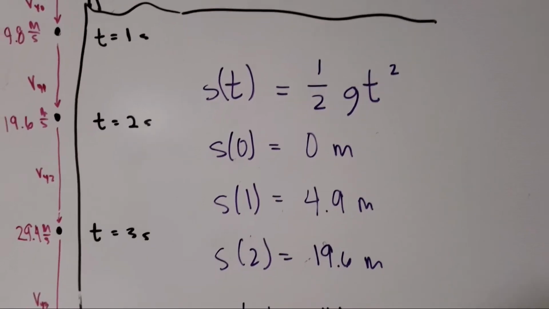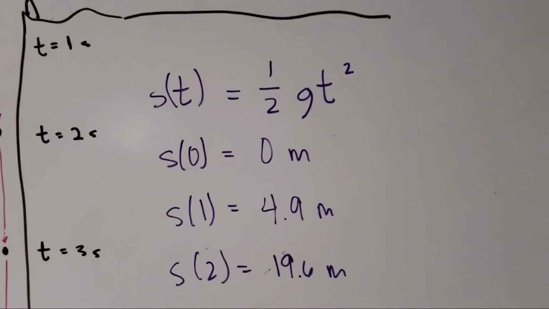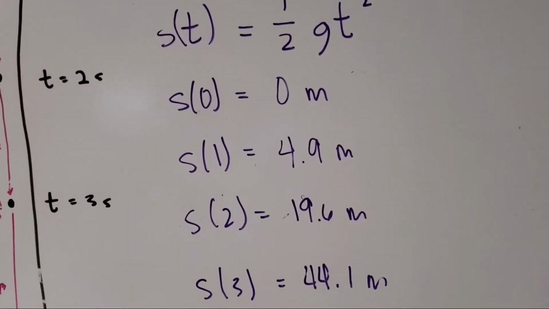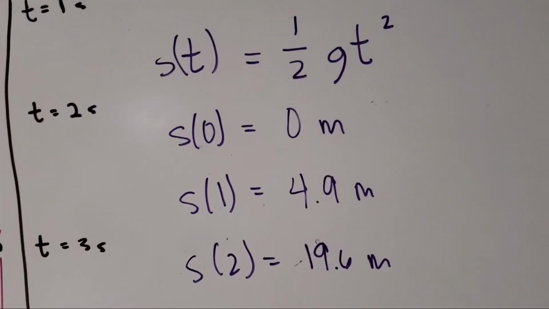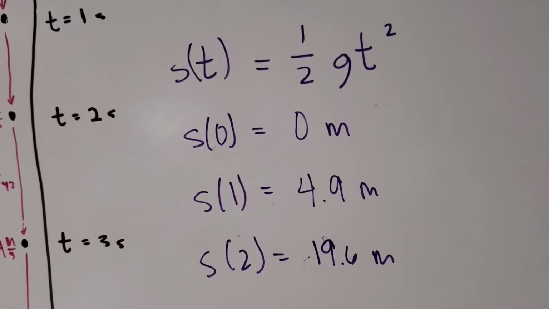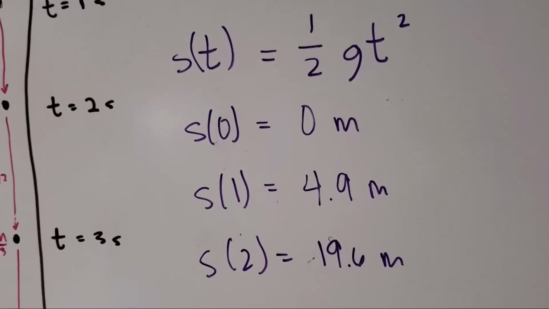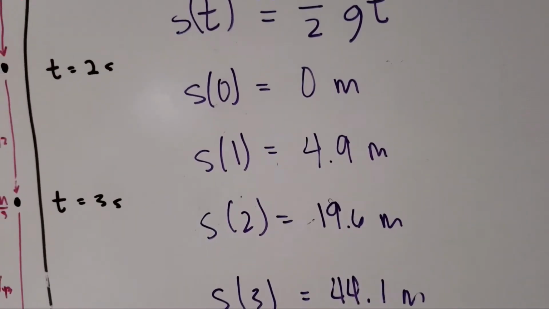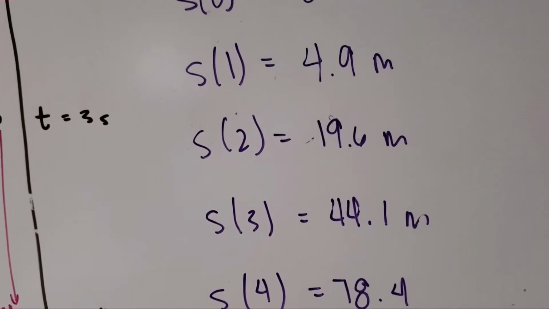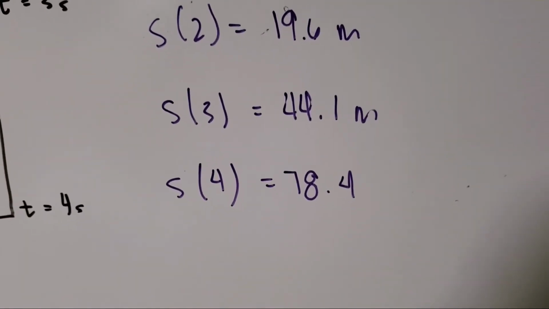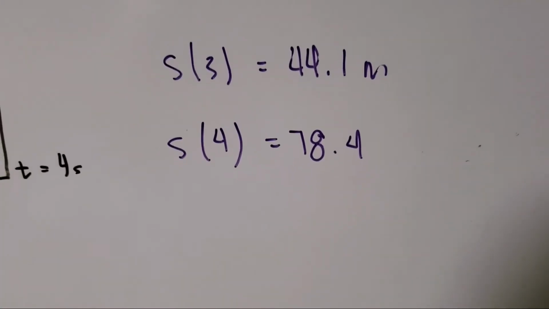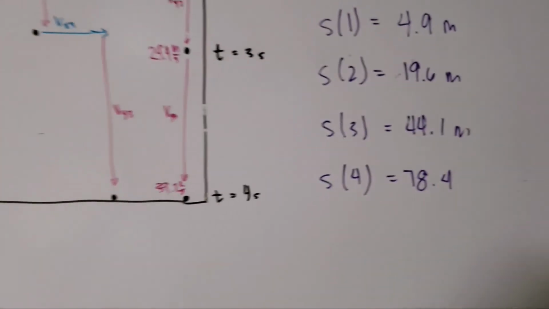Plugging in different values for t, after 0 seconds, right when the ball is released from this person's hand, the ball has traveled 0 meters. After 1 second, the ball has traveled 4.9. After 2, it's traveled 19.6. After 3 seconds, it's traveled 44.1, and after 4 seconds, it's traveled 78.4 meters.